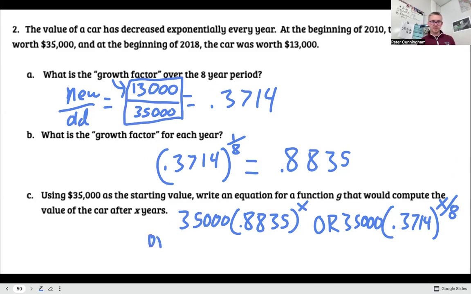So I guess I can write a third option here, which would be to write 35,000 and just leave this as a fraction. If you do this, be careful with your parentheses and make sure that you're closing these parentheses before taking it to the power of X over 8.